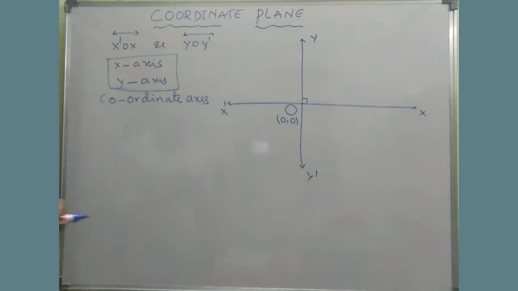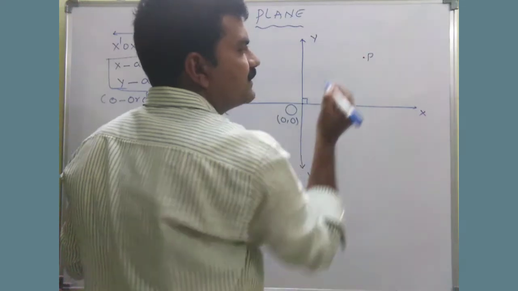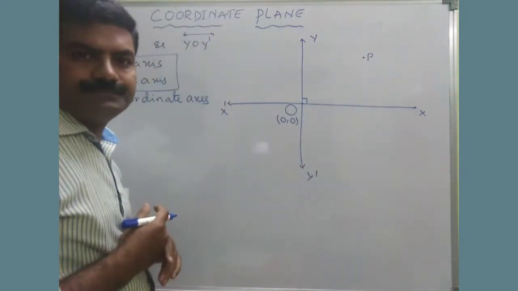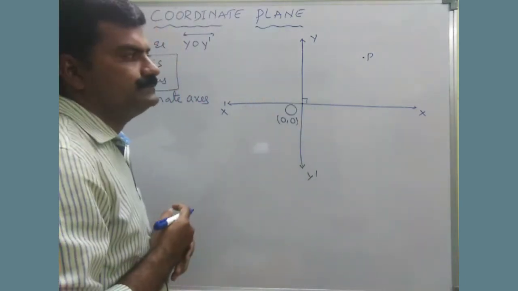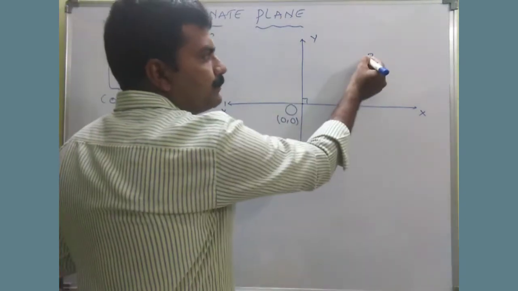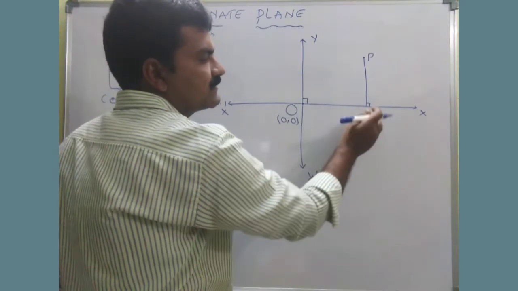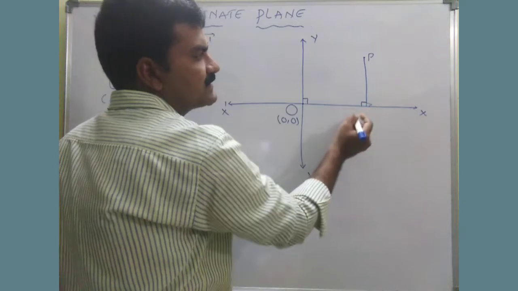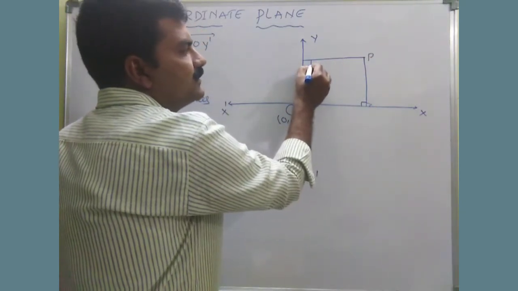Now let us assume P is any point on the plane. Draw the perpendicular from P to the x-axis as well as the perpendicular from P to the y-axis.